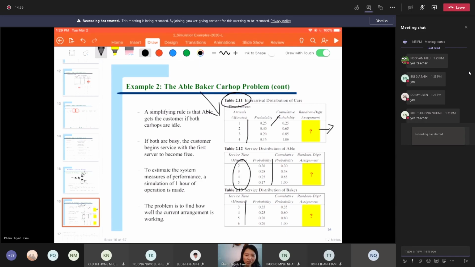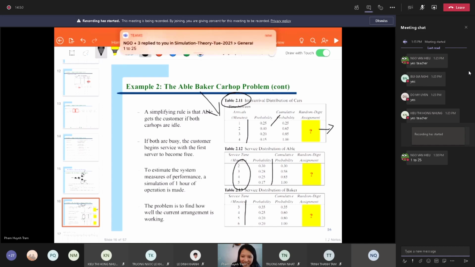Can anyone give me your suggestion? How should I assign the random digit to simulate the probability of the time between arrivals in this table? Let me invite someone. I have one volunteer here.